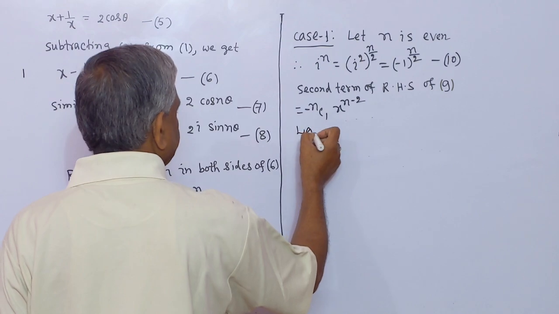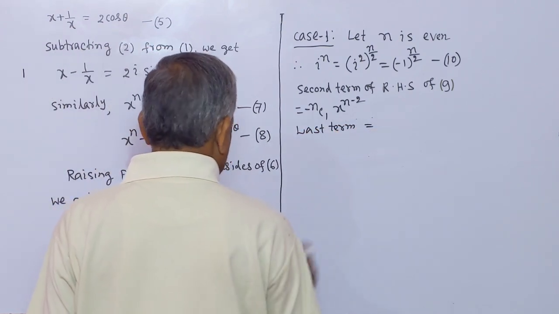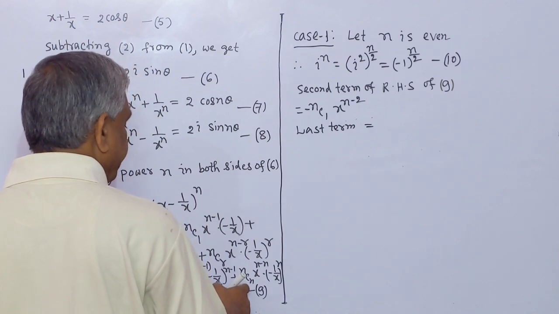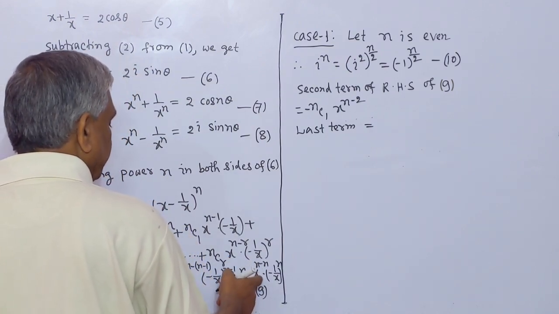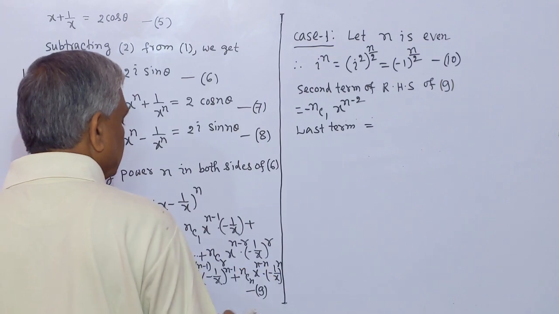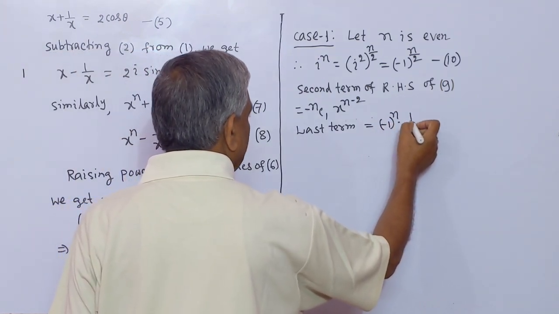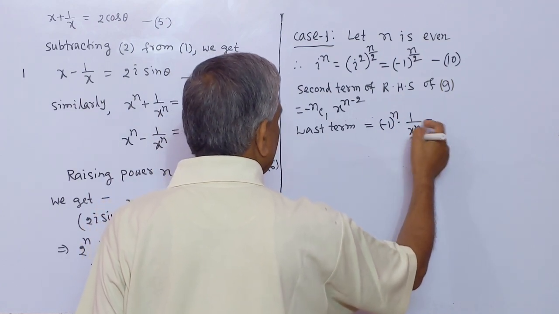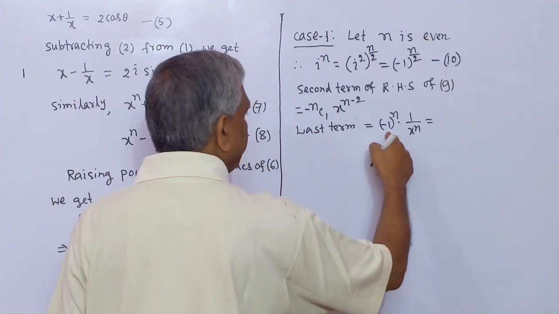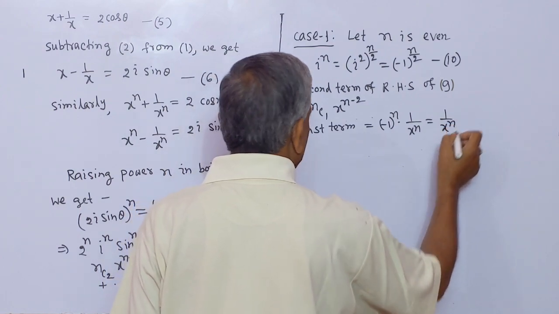Last term equal to nCn means 1, x to the power n minus n is x to the power 0 means 1, minus 1 to the power n multiply 1 by x to the power n. n is even, so this is positive number, so this will be 1 by x to the power n.